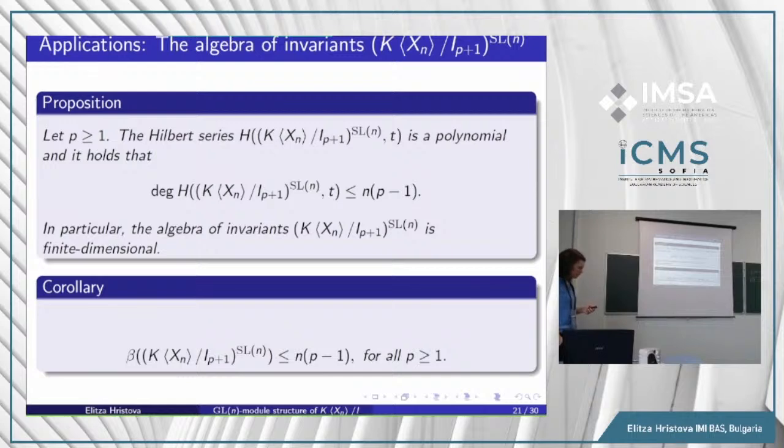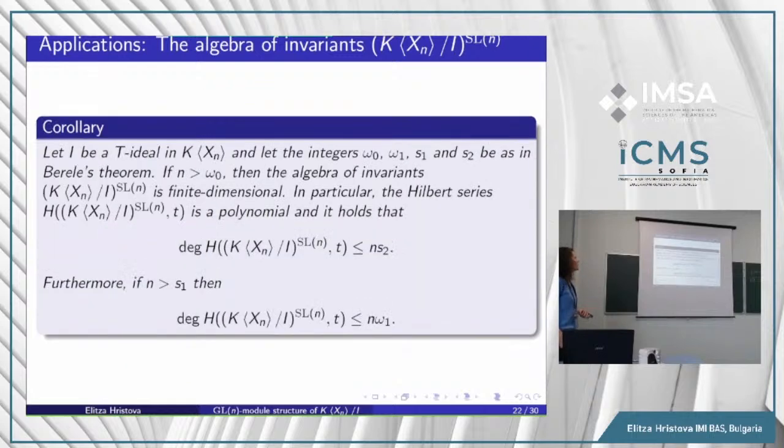And for SL_N, there is actually a stronger theorem or corollary, which holds for any T-ideal I. For any T-ideal I, we can say when the algebra of invariants is finite dimensional based on these four numbers that appeared before in Berele's theorem.